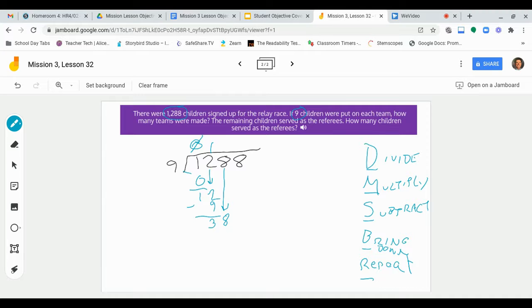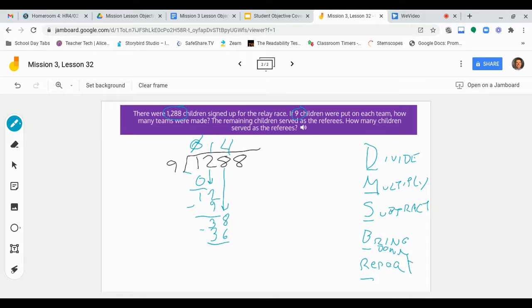So 9 times 5, I know, is 45. That's too high. I went over. So I need to jump back down to 9 times 4. 4 times. So I put the 4 up top here. And then I multiply. 4 times 9 is 36.